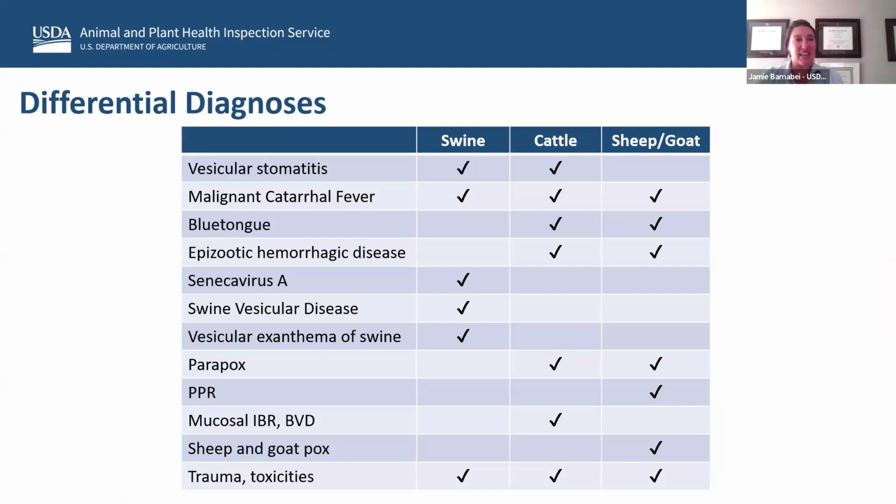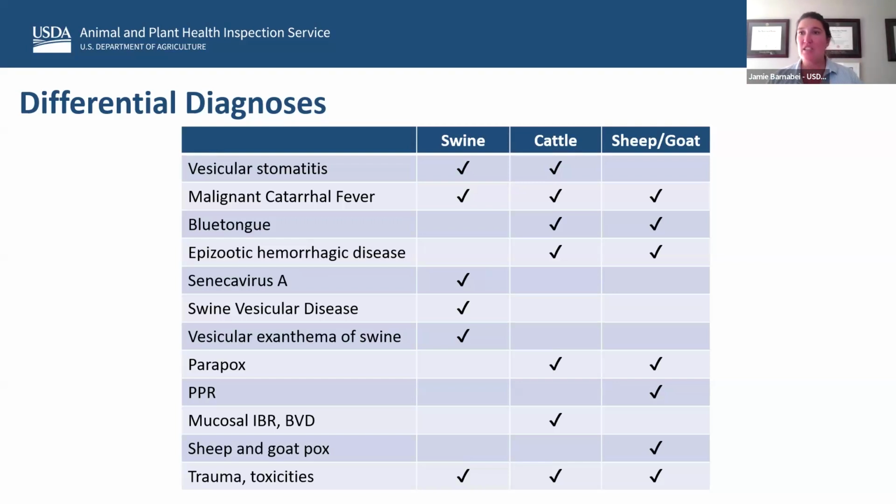Now, differential diagnoses. You guys are going to be pros because I'm going to talk to you about the endemic rollouts tomorrow morning. But you can see here we've got a variety of diseases that also present in a vesicular or vesicular-like disease presentation. So vesicular stomatitis, malignant catarrhal fever, blue tongue, EHD, Seneca virus, we already talked about that.